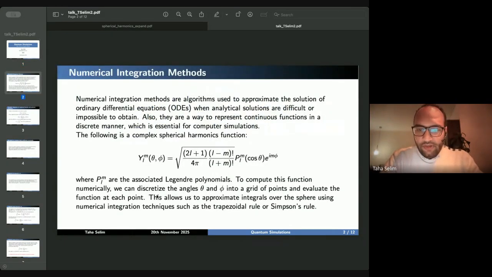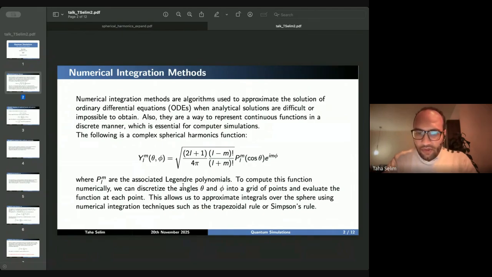So numerical integration methods are very important for the solution of ordinary differential equations, partial differential equations, and also for giving analytical solutions or representations for what we think could be analytically represented, like a potential energy surface in chemistry. Typically we need to represent the angular part of this potential, which is very crucial in physics and chemistry simulations, using spherical harmonics.